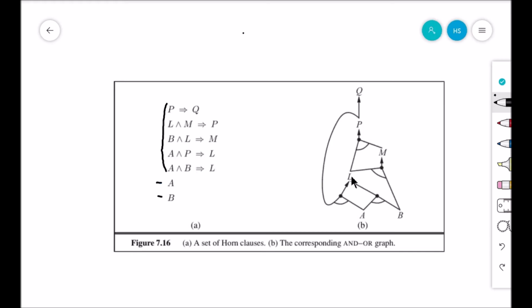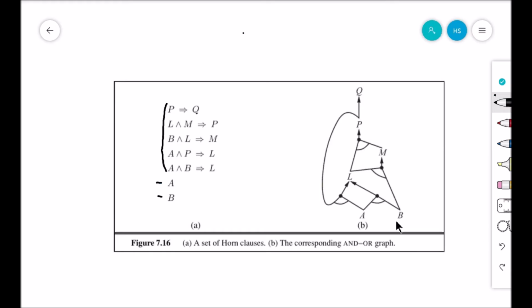Whenever you have a couple of links joined by an arc, as with the links between A and B here, that represents a conjunction. So A and B. What that means is that each of these links would have to be proved in order for the algorithm to continue propagating.